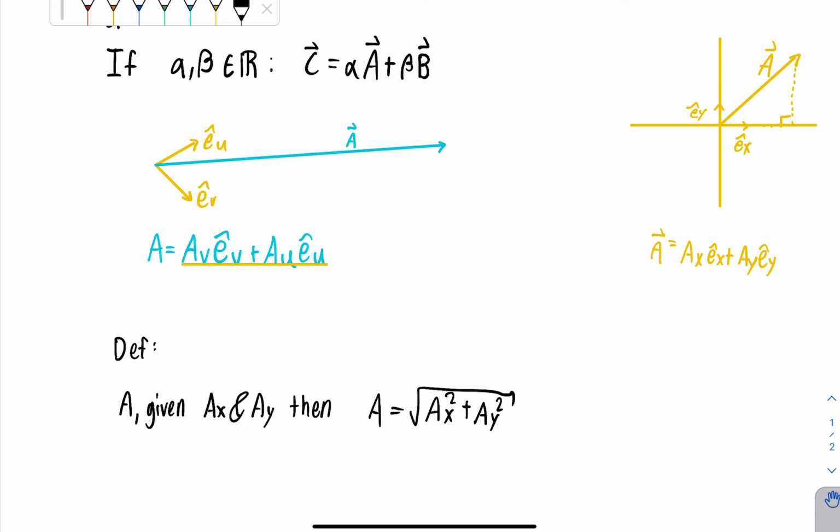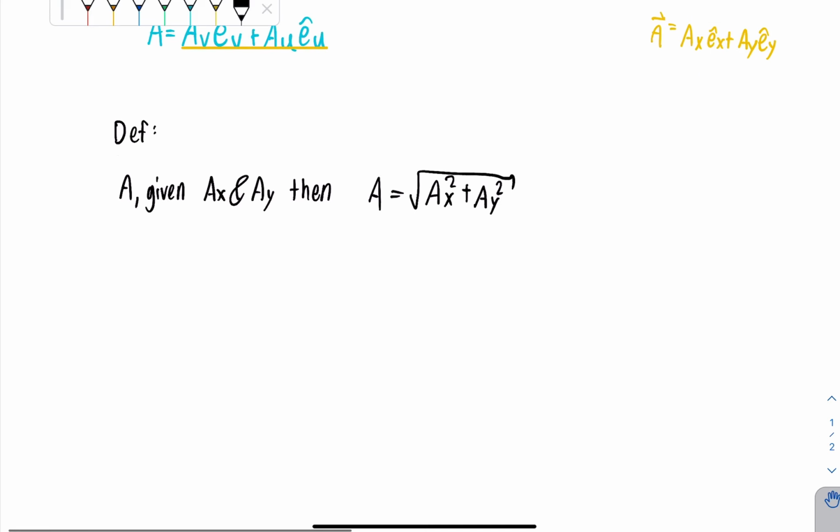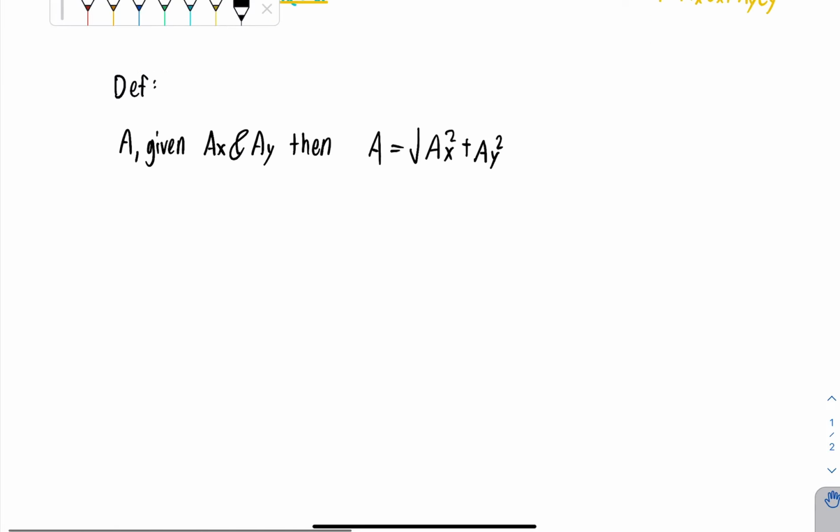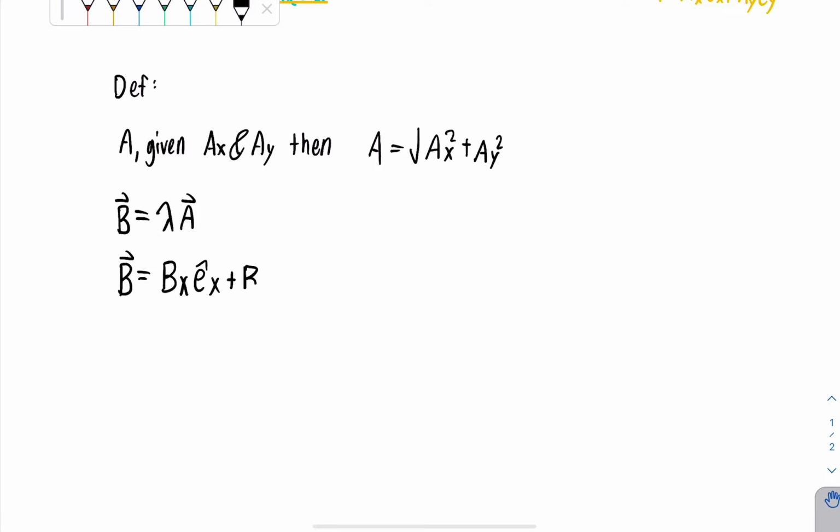Okay, so again, we can take vectors as scalars, and I'm just going to write a little bit more for notation's sake. But if I have vector B being lambda times vector A, well then vector B is going to be B sub x times e hat sub x plus B sub y e hat sub y.